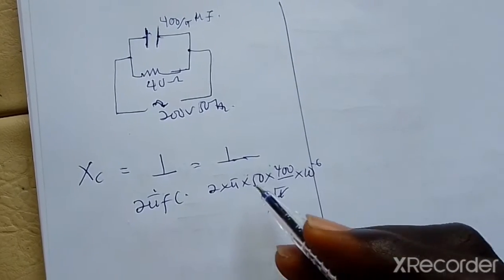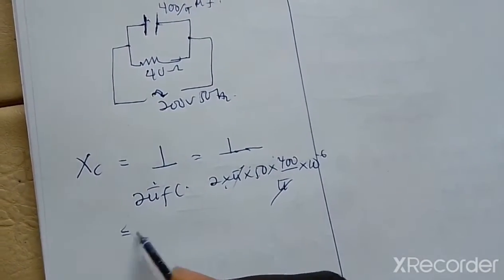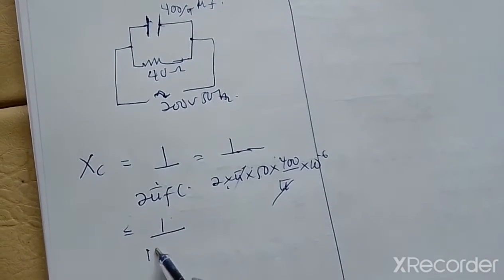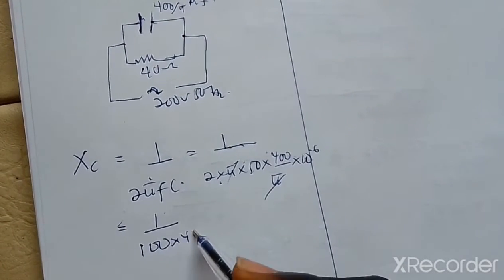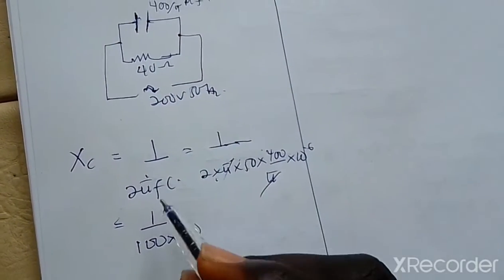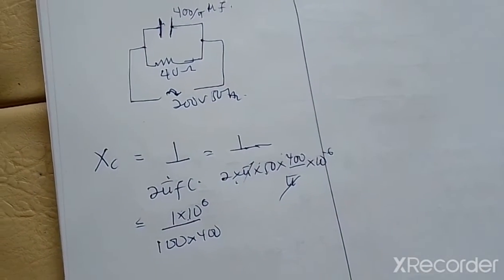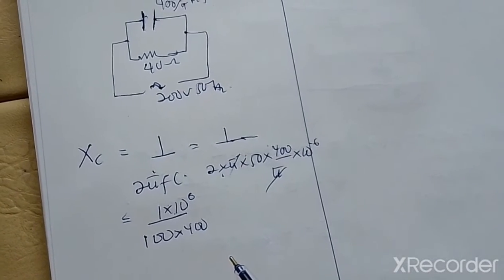The pi will cancel this pi, and you'll be left with 1 over 2 times 50, which is 100, times 400. The 10 to the power negative 6 will move up as 10 to the power 6. So you punch this into the calculator.